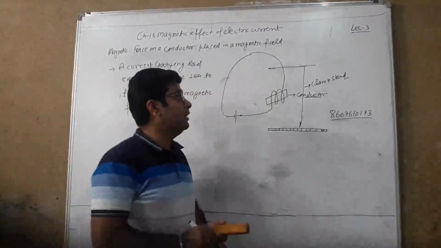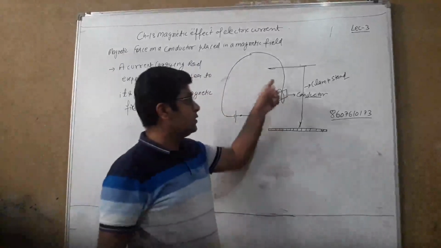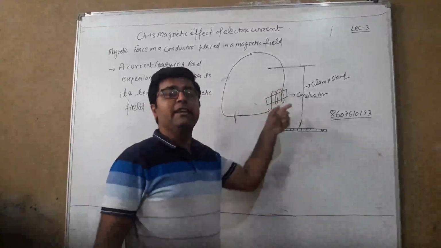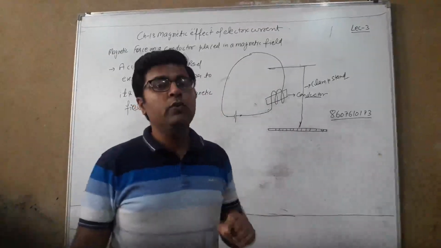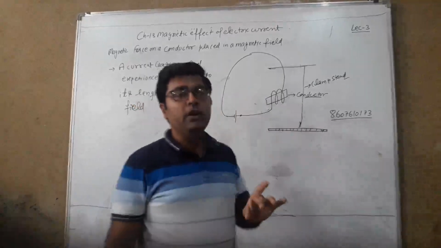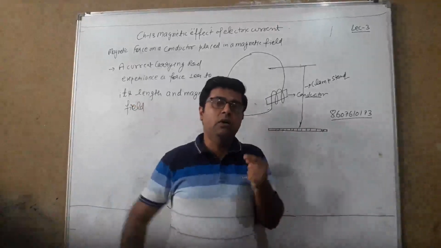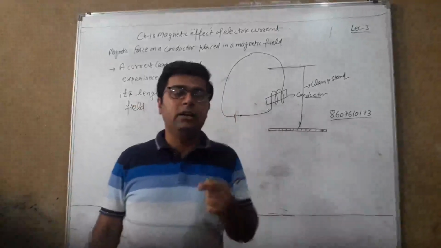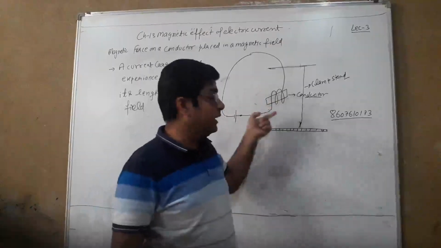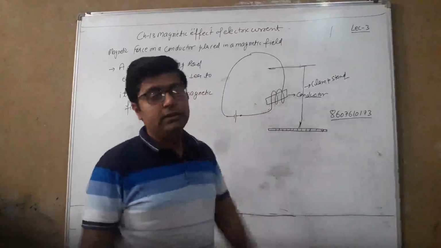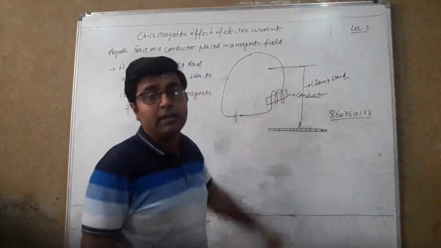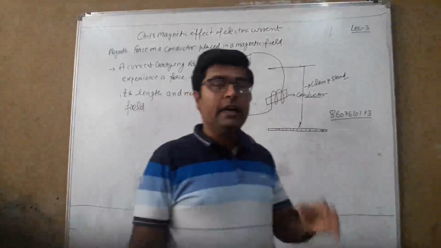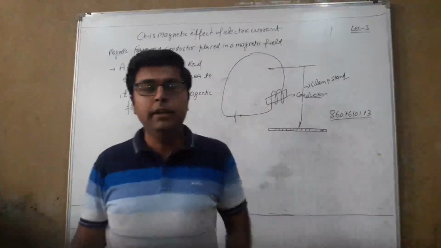It is a conductor, and that conductor is helically wound by a current carrying wire. This arrangement of winding of current carrying helical wire is called a solenoid, and this conductor then behaves as an electromagnet.